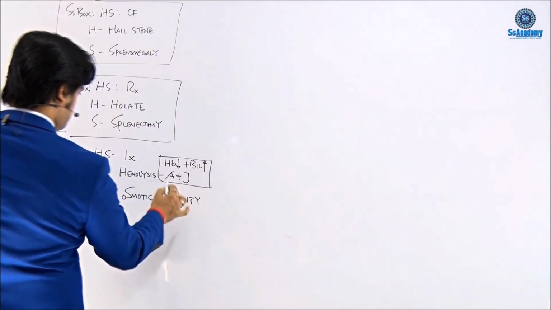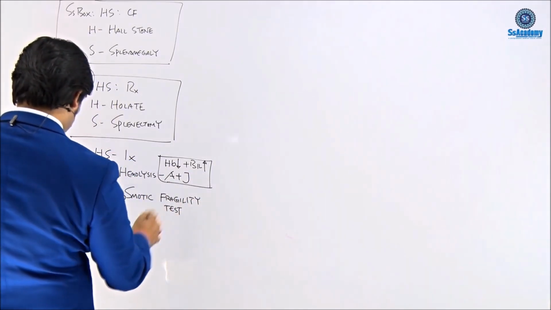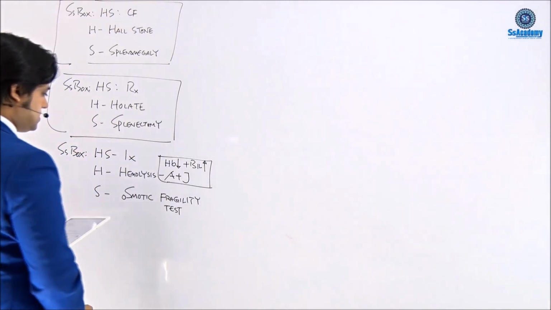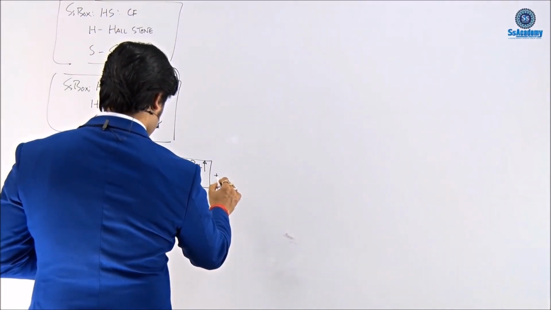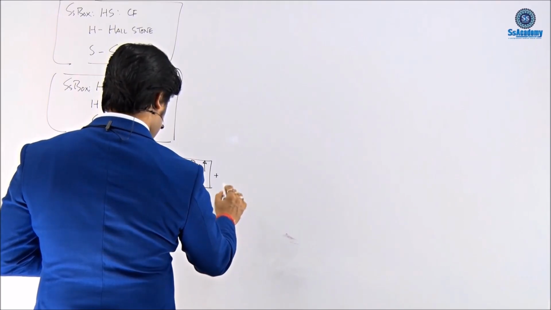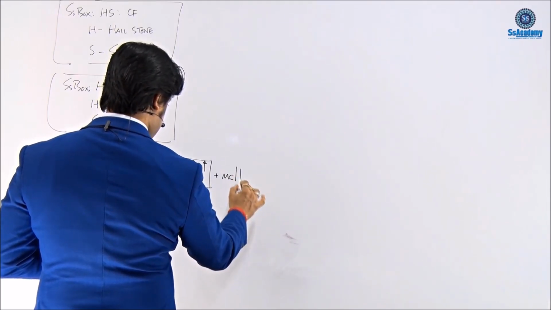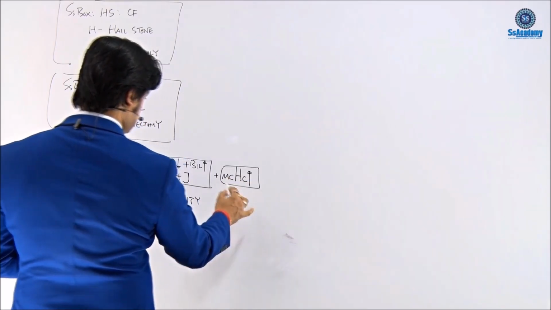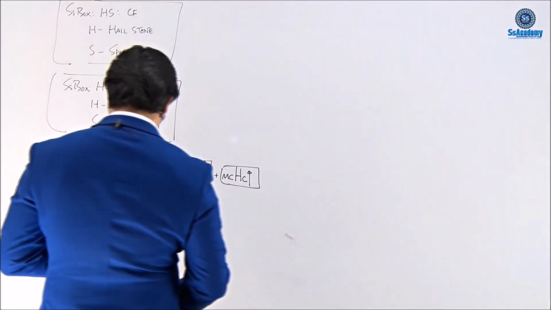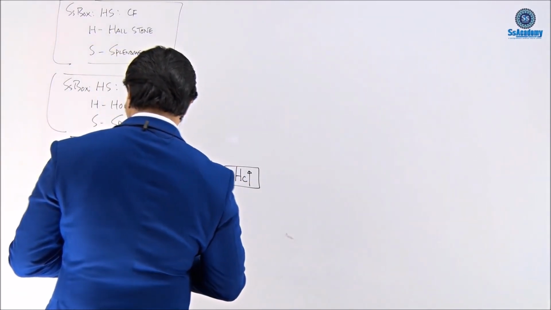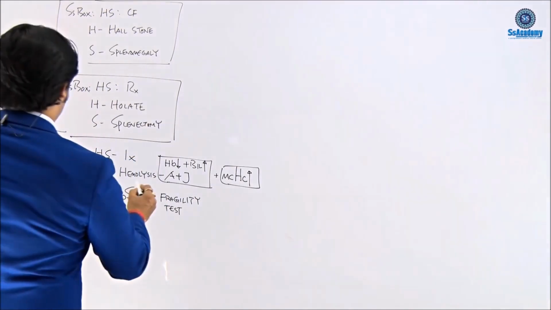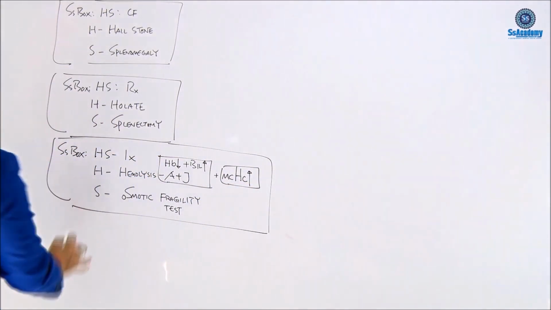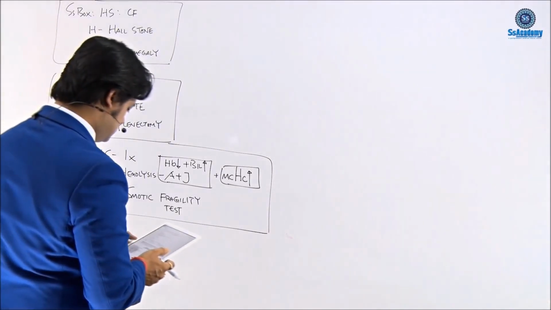So this is the bundle pack of hemolysis, and the diagnostic test is the osmotic fragility test. One more important H to remember: MCHC is elevated. Just make a box. So this is the box of hereditary spherocytosis, my dear. Write them down.